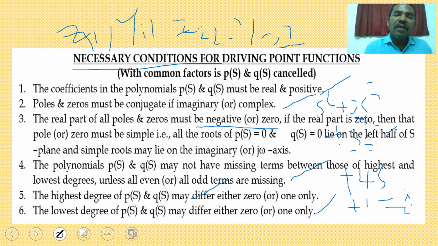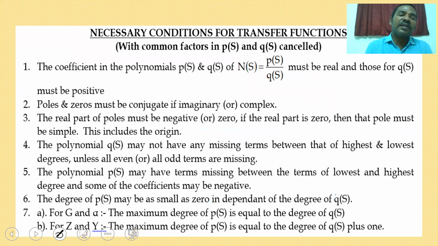Similarly for transfer functions, you can get almost the same thing. P of s and Q of s: the coefficients must be real and positive. If complexness is there, the complex conjugates must be there. The real part of all poles must be negative or zero, which means they lie on the left half of the s plane.